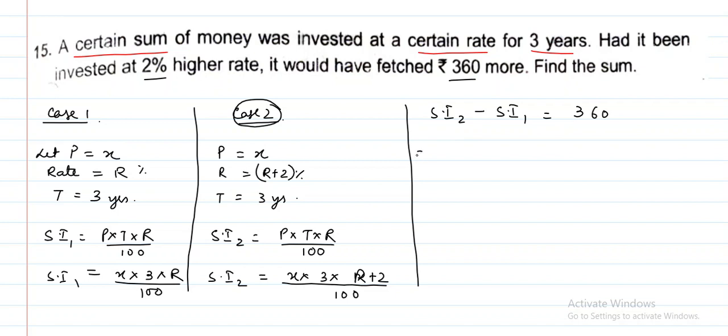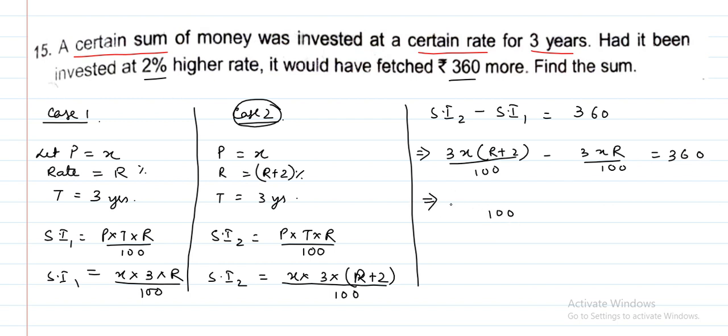So now we'll put the values. SI2 is 3x into R plus 2, we have to keep this in brackets, remember, by 100, minus SI1, which is 3x into R by 100, equal to 360. So now the LCM will be 100.